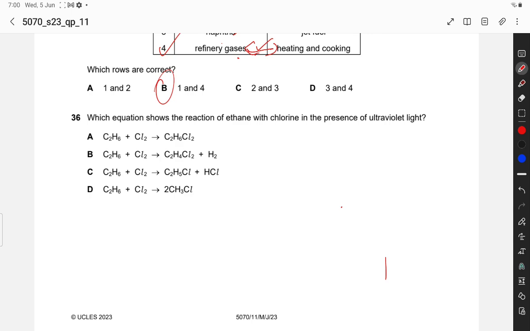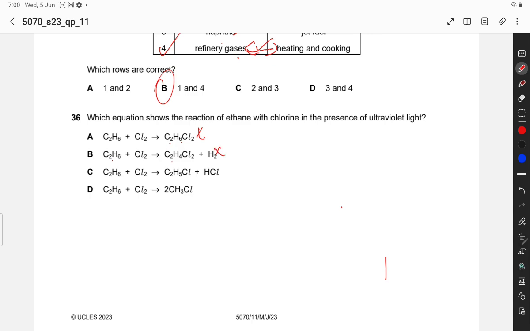C2H6 plus Cl2. This is not correct, because this is not a substitution reaction; C2H6Cl2 is an incorrect option. C2H6 plus Cl2 gives C2H4Cl2 plus H2.